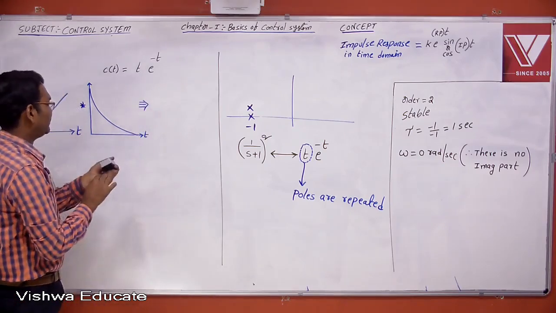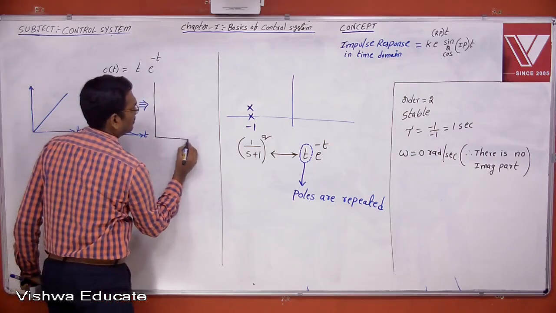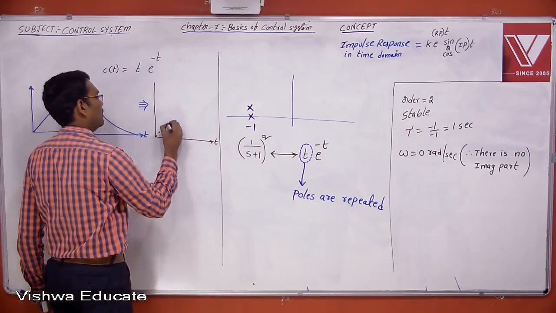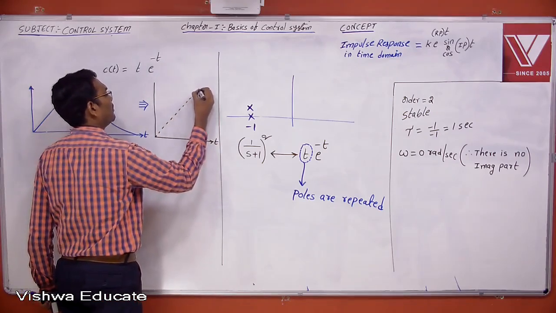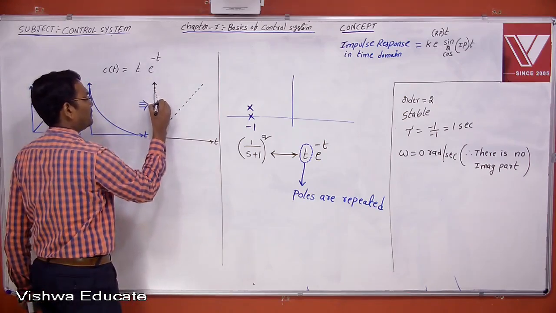Now this is the ramp signal and this is exponentially decaying.